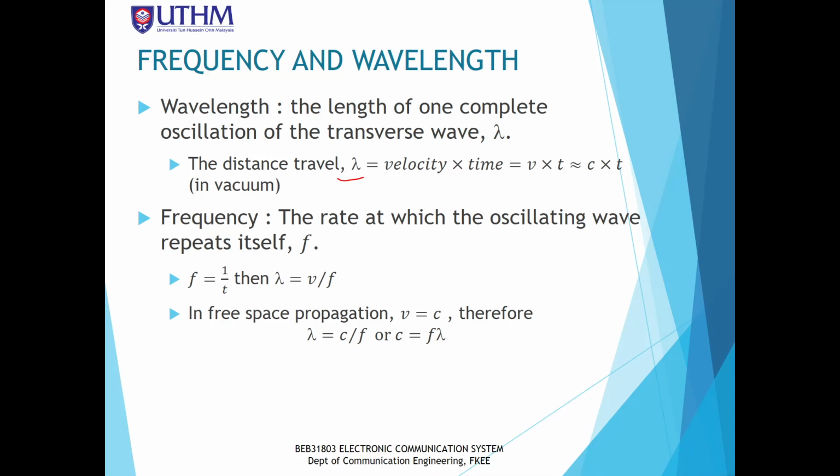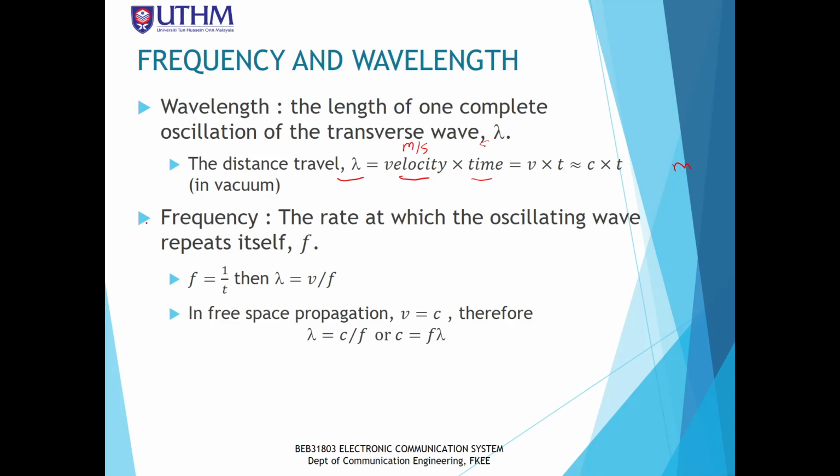The unit would be in meters. So lambda is equal to velocity, in terms of meters per second, multiplied by time in seconds, so you're going to get lambda in terms of meters.